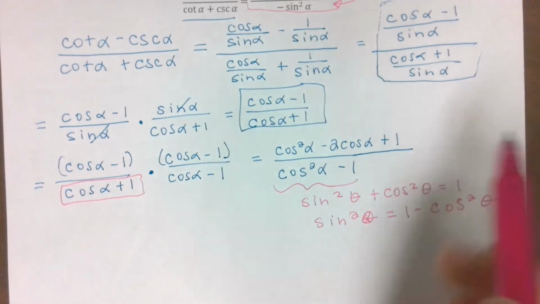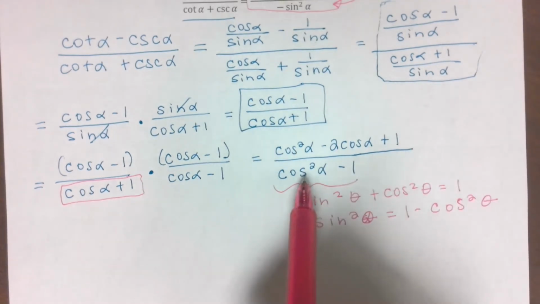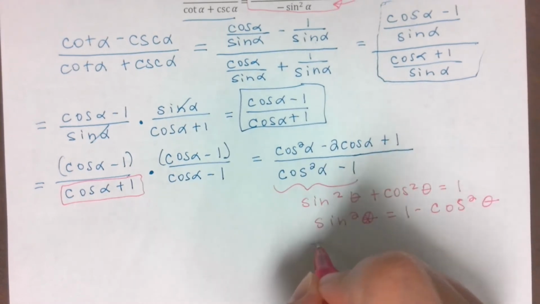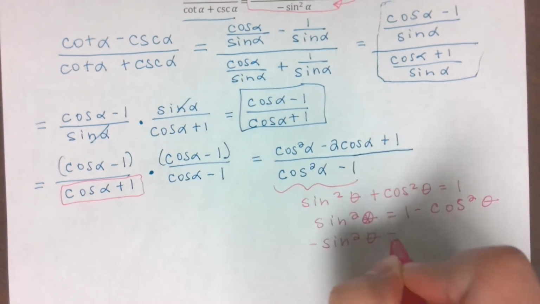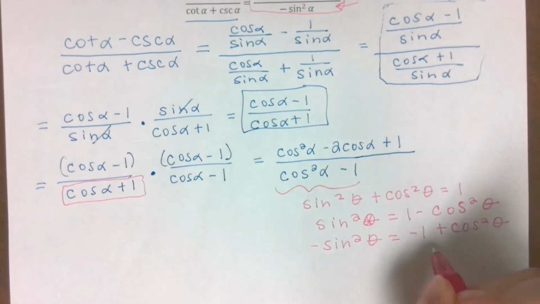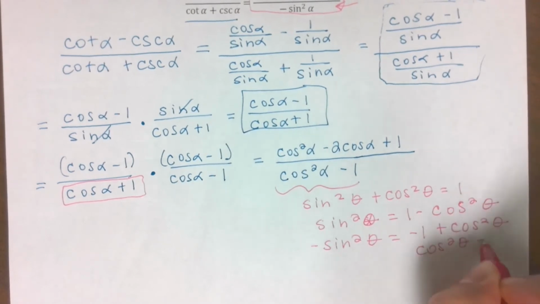Okay, but we have cosine squared theta minus 1. So we do negative sine squared theta equals negative 1 plus cosine squared theta, which is the same thing as cosine squared theta minus 1.